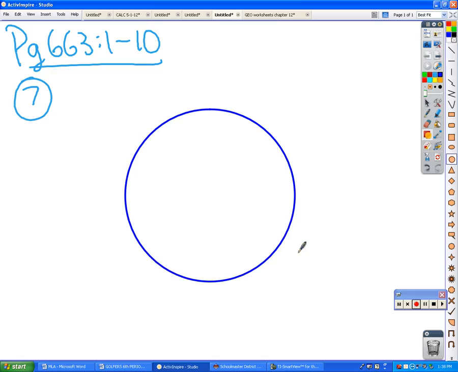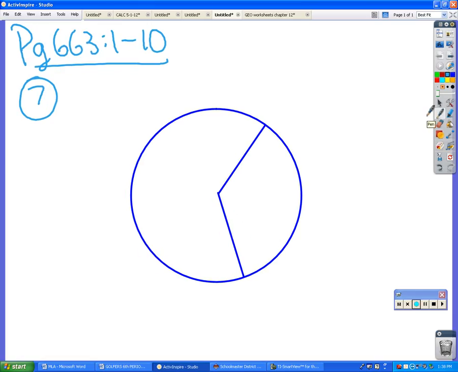Two 24-centimeter radii of a circle form a central angle measuring 126. So let's draw in a couple of radii, and it's an angle of 126, so it's a big one. And it says that the radii are each 24 centimeters.